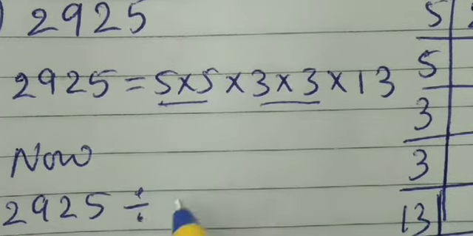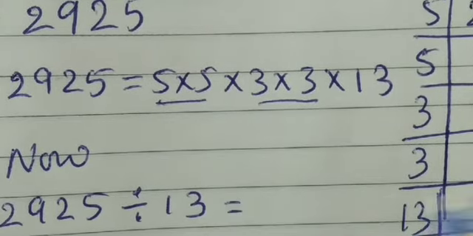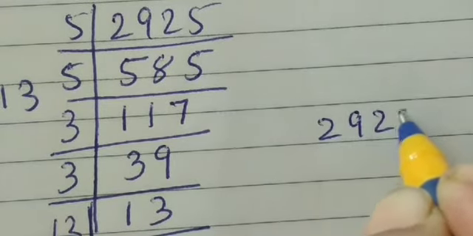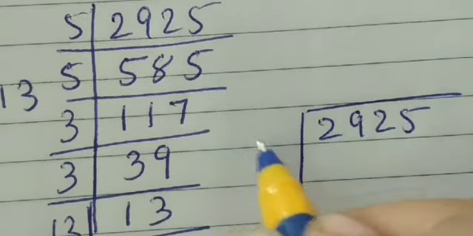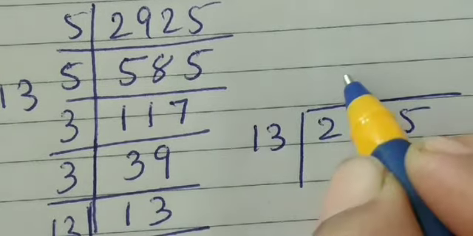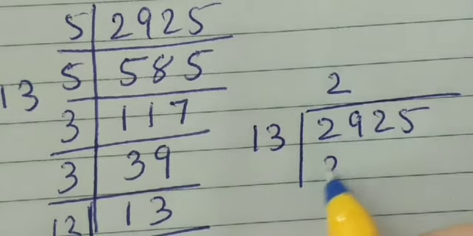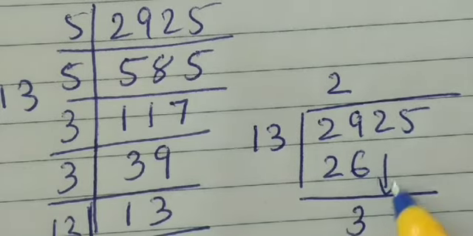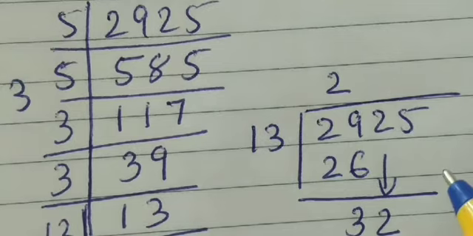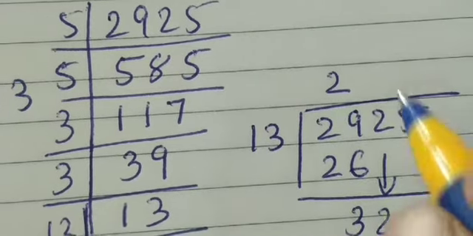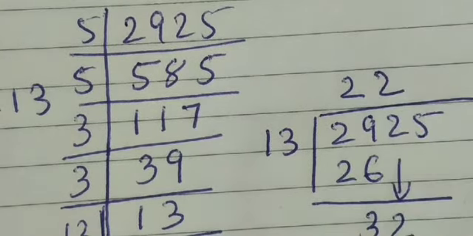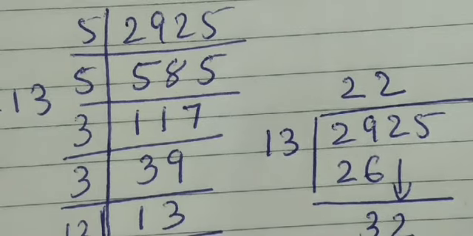So now 2925 divided by 13. Divide and tell the answer. Let's divide it. 2925 divided by 13. 13 2s are 26. Subtract 6 from 9. 3. Bring down 2. This is 32. 13 3s are, will it work? No. Again it's going to be 13 2s are 26.